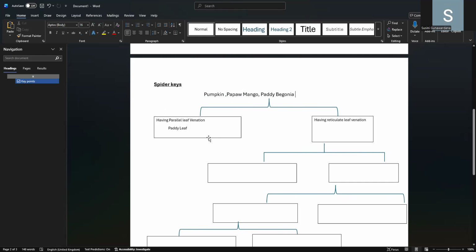As the first characteristic, I have taken having parallel venation. As these are plants, I have observed their leaf venation and divided them into having parallel venation and having reticulate venation. That is the opposite. So here, paddy has parallel leaf venation.